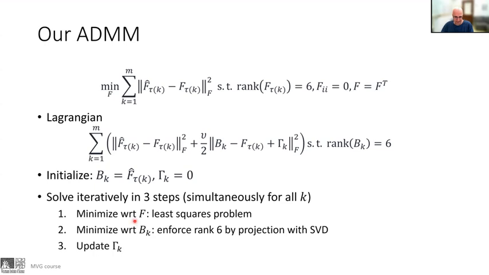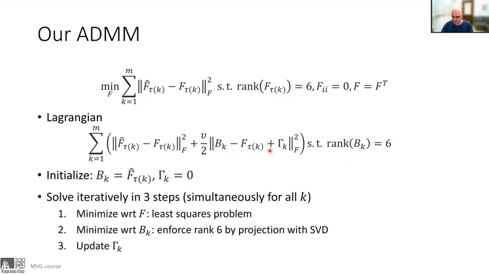And we solve this iteratively in 3 steps. We minimize with respect to F. So we solve this, and we ignore the rank constraint. This is just a least squares problem. Then we minimize with respect to B, so we ignore this part.